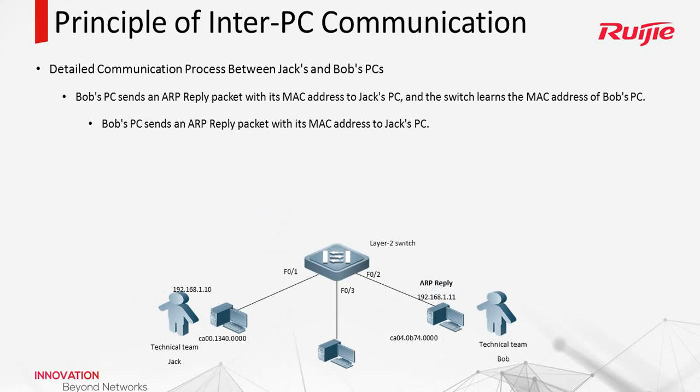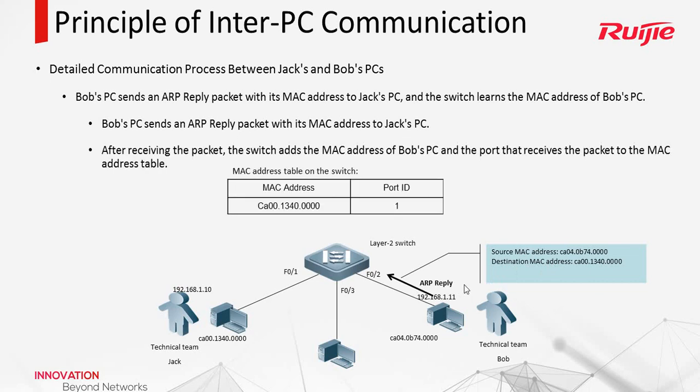When Bob's server sends the ARP reply packet to the switch, we can find that the source MAC address is Bob's server and the destination MAC address is CA00, Jack's PC. This is because Bob's server can check the ARP table and it already knows the destination. So the ARP reply is a unicast packet.